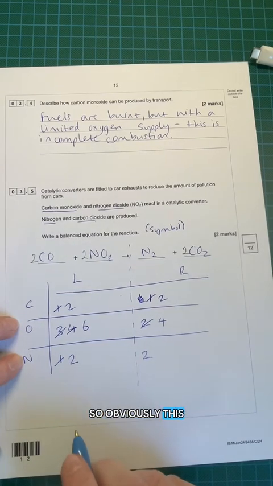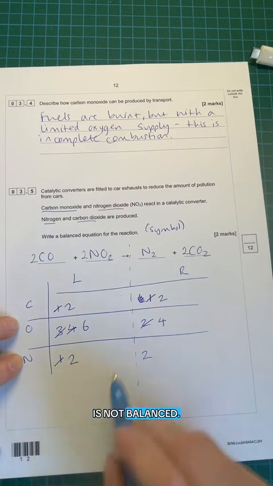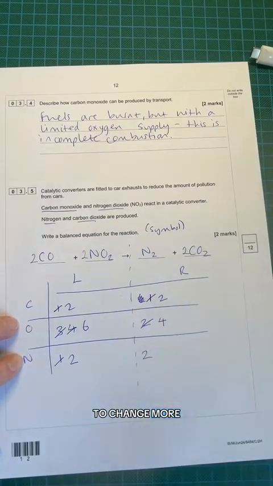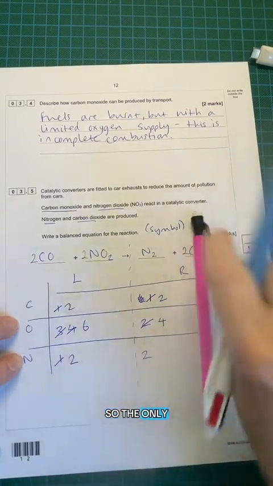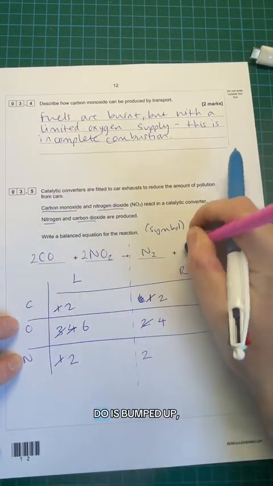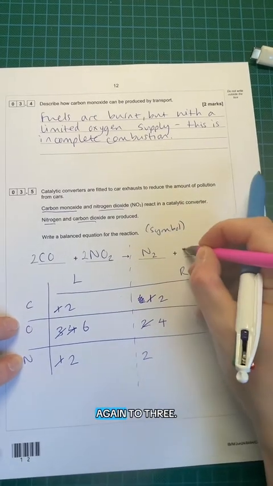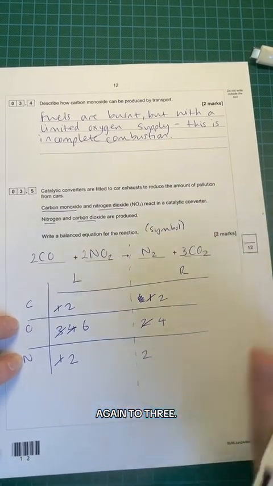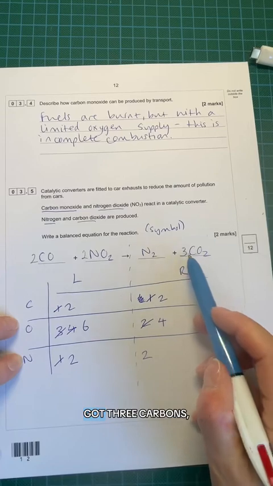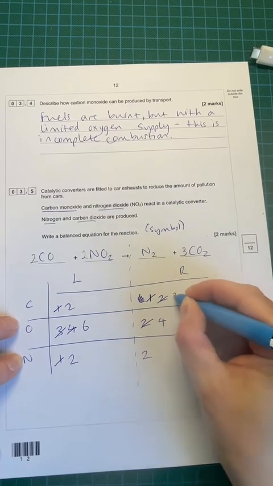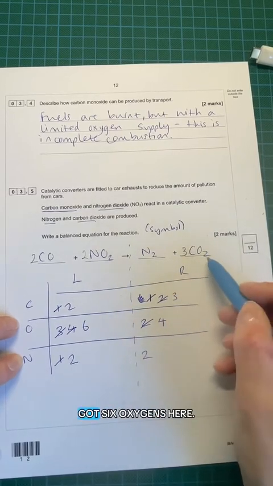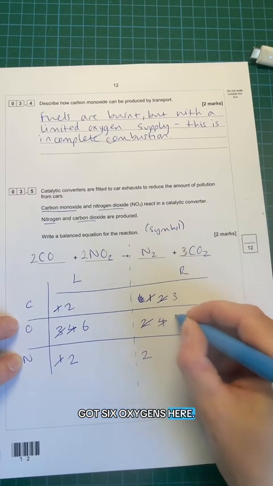So obviously this is not balanced. We need to change more oxygens on the right. So the only thing we can do is bump that up again to 3. So now we've got 3 carbons, and we've also got 6 oxygens here.